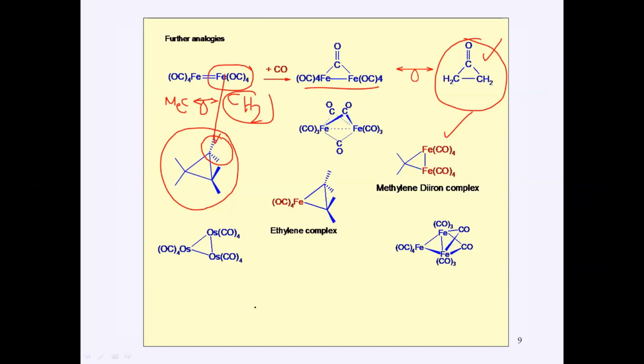And Fe(CO)4, we know that Fe(CO)4 is isolobal with Os(CO)4, because osmium is down the group from iron. So you substitute all the carbon atoms here, right? You substitute all the carbon atoms. You can form this kind of cluster. Okay.